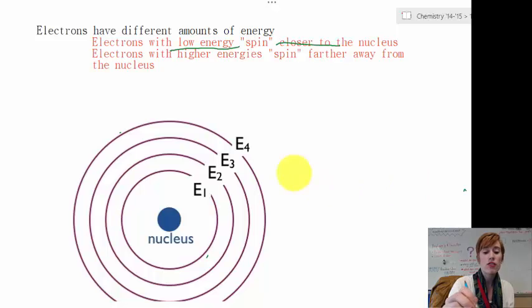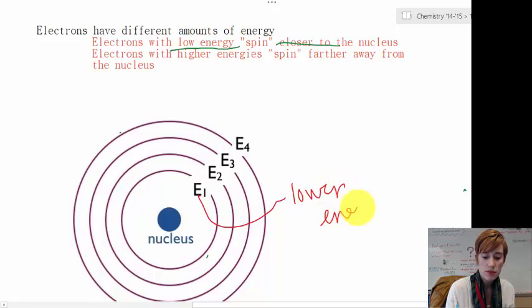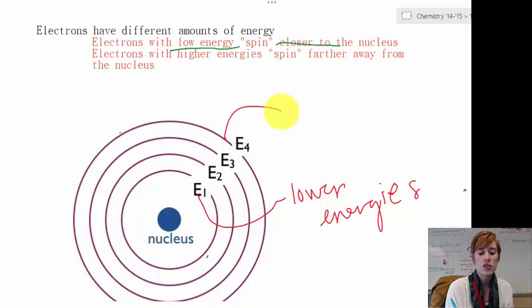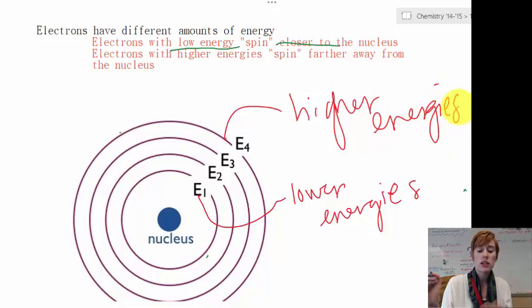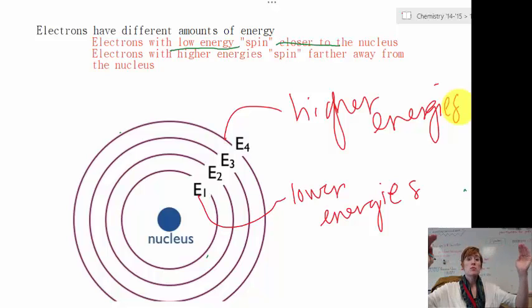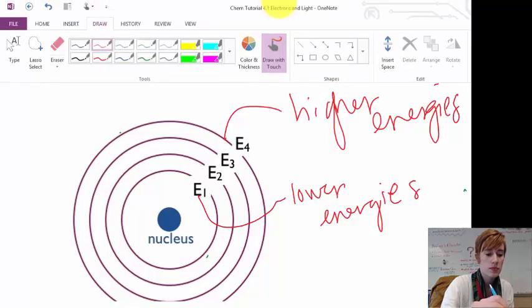So the very first energy level is going to be for electrons with lower energies. And this outside energy level is going to be for electrons with higher energies. Okay, so electrons with lower energies are found in energy levels that are closer to the nucleus, and electrons with more energy are able to spin in areas that are further away from the nucleus.